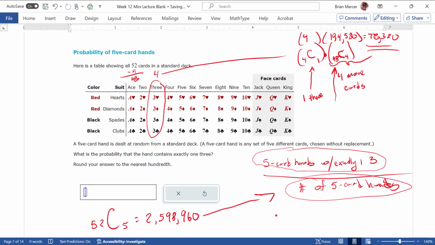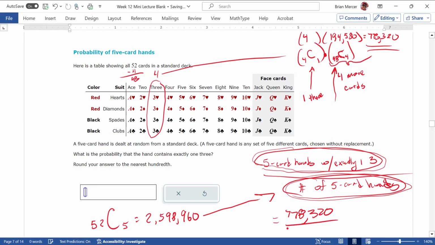So to make that up as my fraction, the number of ways I can get a 5-card hand with exactly 1 3 divided by the number of 5-card hands, I get this fraction, 778,320 divided by 2,598,960.